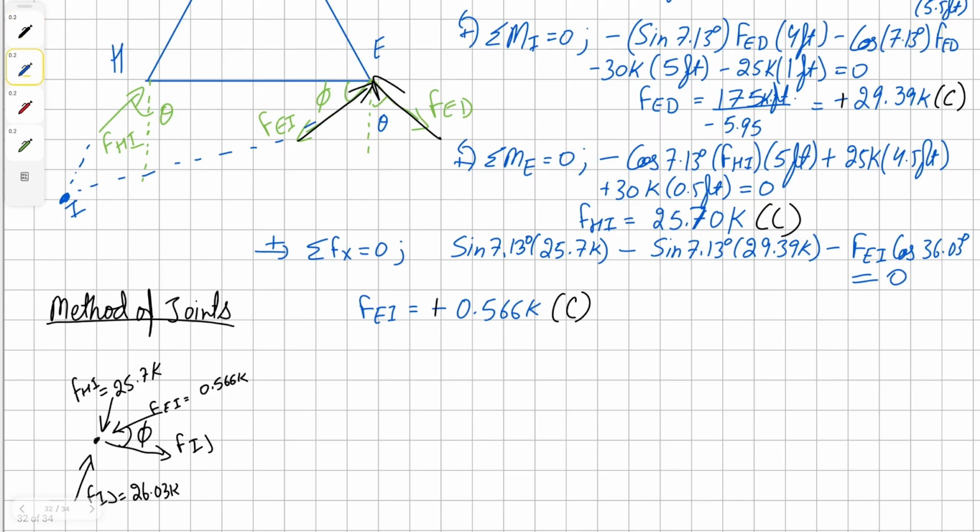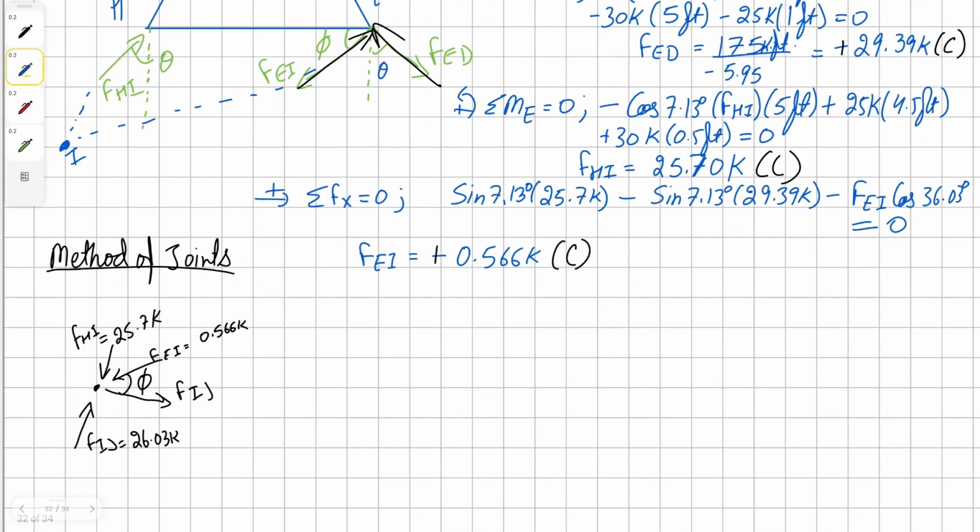We can rotate our y-axis by theta in order to align it with our forces HI and IJ. This means that our x-axis will be rotated, and I'm doing it so that our equilibrium equation doesn't get too big.